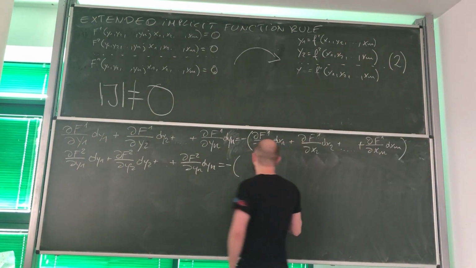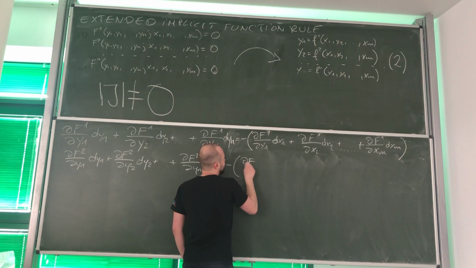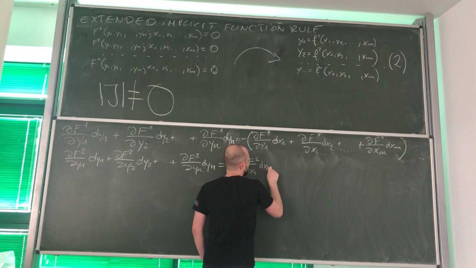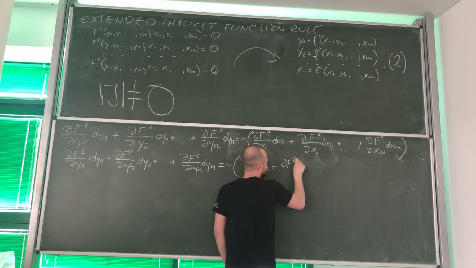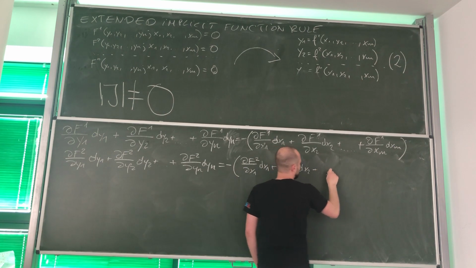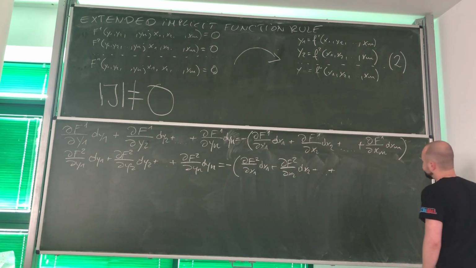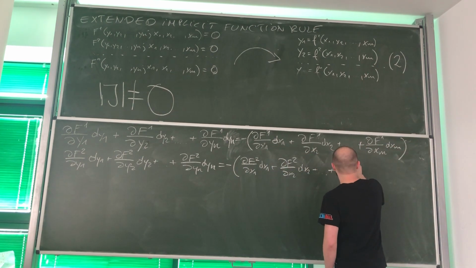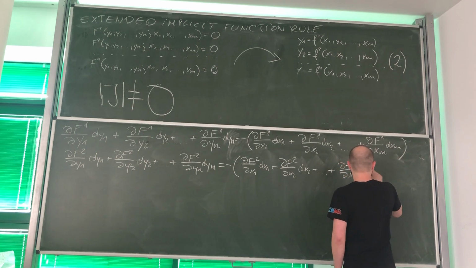So we will have here df2/dx1 dx1, plus df2/dx2 dx2, plus df2/dxm dxm.